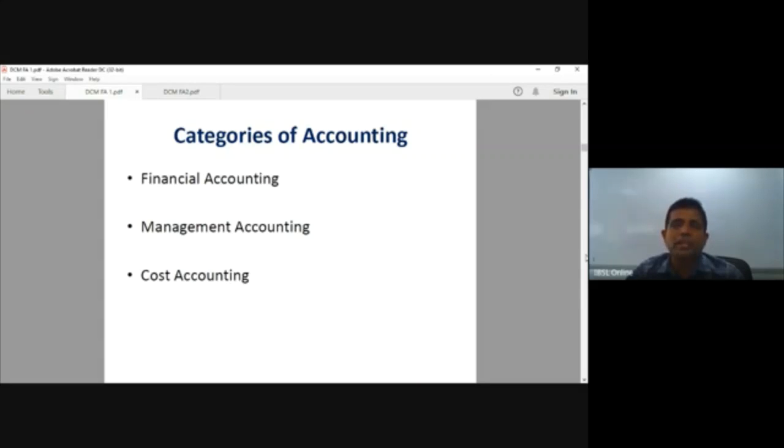But management and cost accounting talk about the future and the present. Budgets come under management accounting. Cost accounting is where you analyze the results and costing of products and processes.